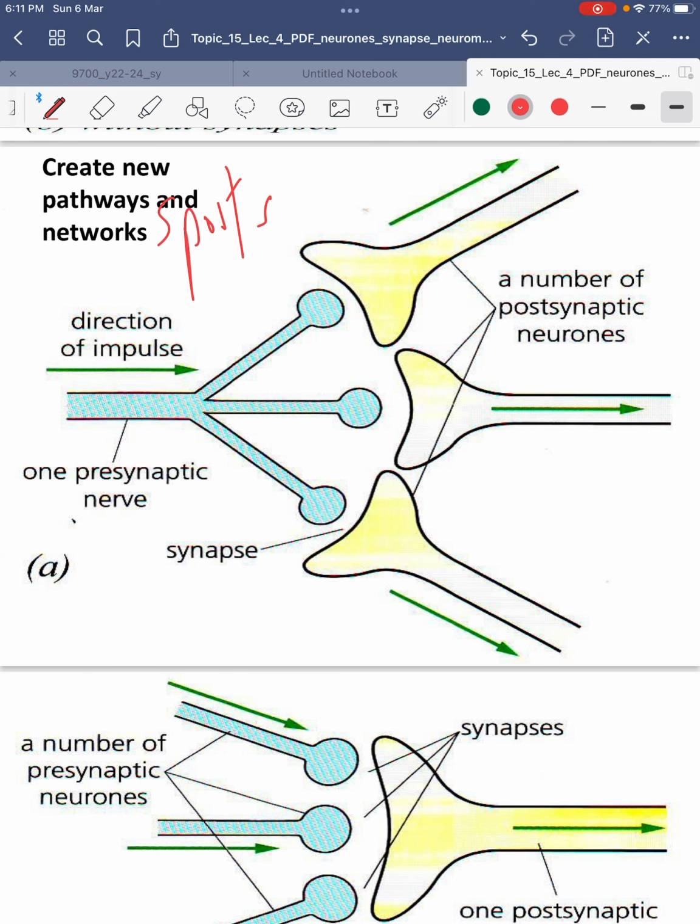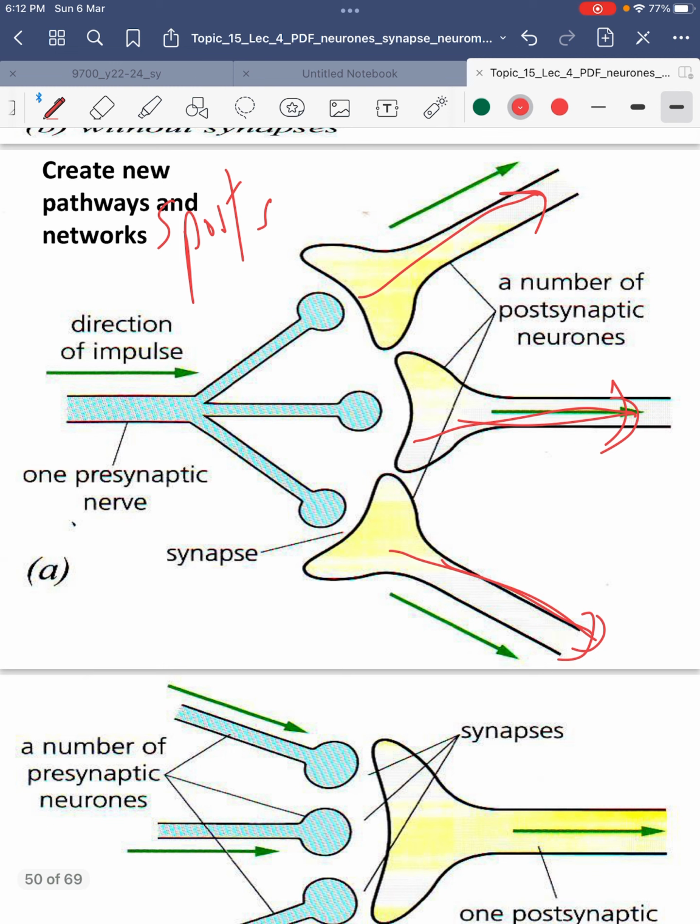One stimulus will cause many different action potentials to occur that will lead to different effectors, for example your muscles, your legs, and then decision making inside your brain.